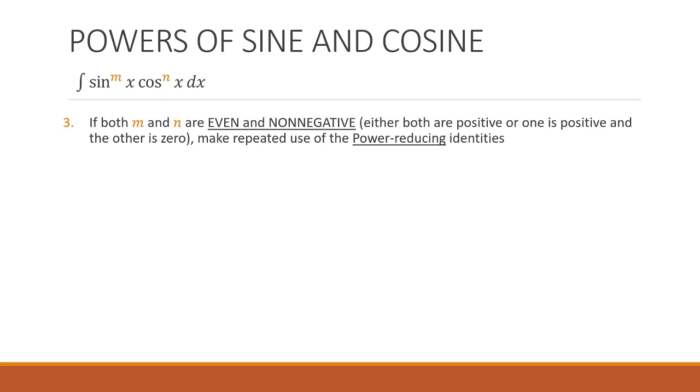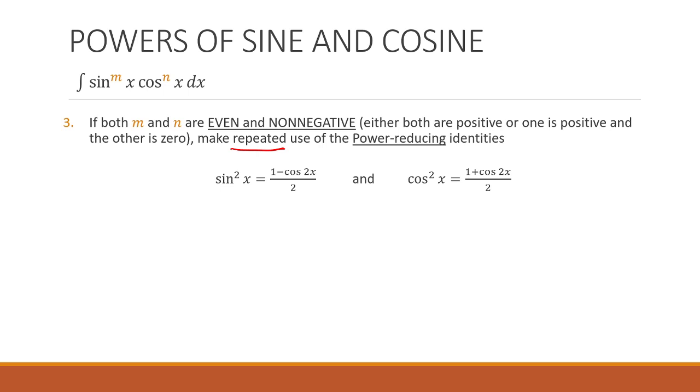They don't have to be equal, pero they have to be the same na positive even numbers. Okay? So if that's the case, then we can make repeated use of power reducing identities. Repeated kasi we will be applying this, or we will be using this identity more than once. Okay? If applicable. Okay? So ito, power reducing identities, these are derived or obtained from double angle identity ng cosine.